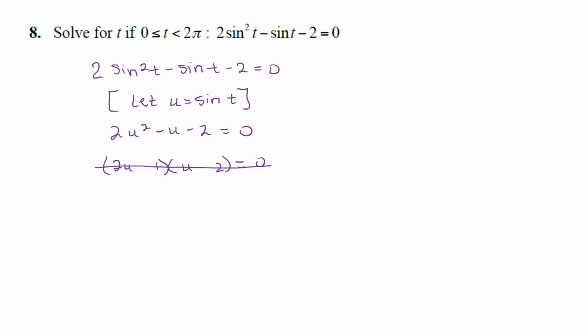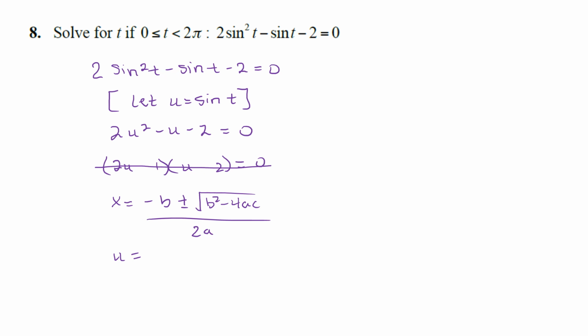Okay. So the quadratic formula says x, let me write it out for you, x equals negative b plus or minus the square root of b squared minus 4ac all over 2a. So our x here is u.